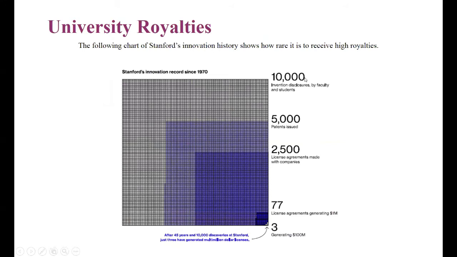Stanford has, at the time of this chart, since 1970, had 10,000 invention disclosures, 5,000 issued patents, 2,500 license agreements made with various companies, 77 license agreements generating $1 million each or so, and only 3 generated $100 million. So you can see how that focuses right down to a very few inventions out of the 10,000 or so that were made.